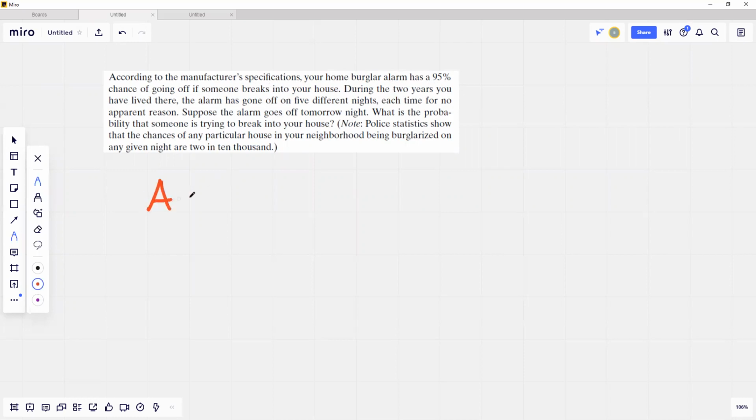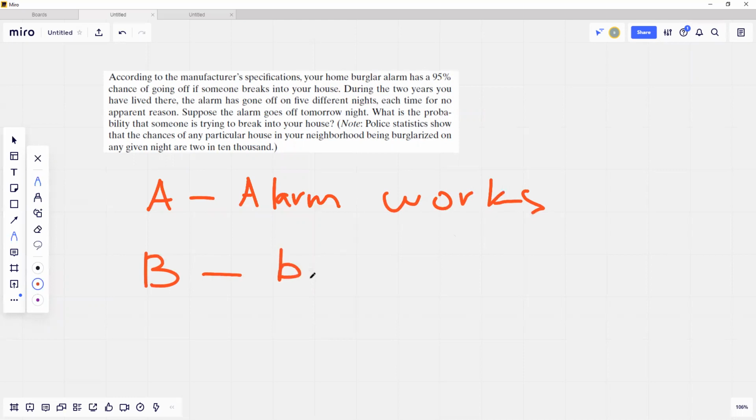Event A is an event where your alarm goes off, or better phrasing would be the alarm works. B is an event of your house being burglarized, so a burglar is in the home.